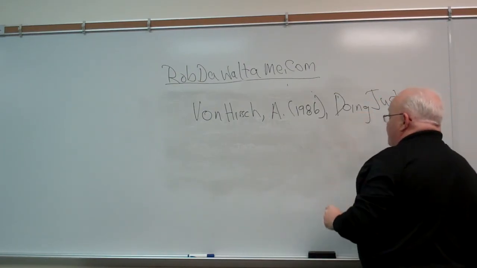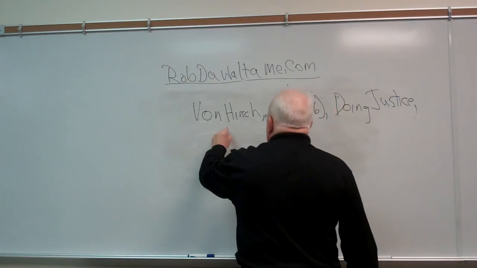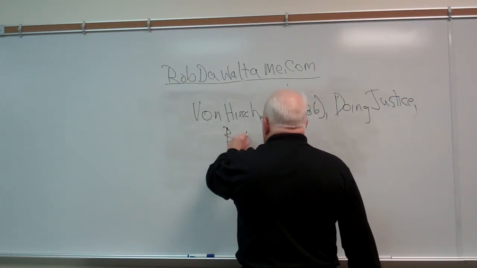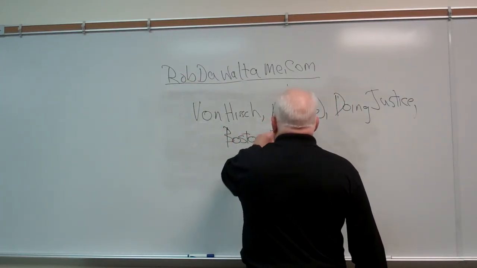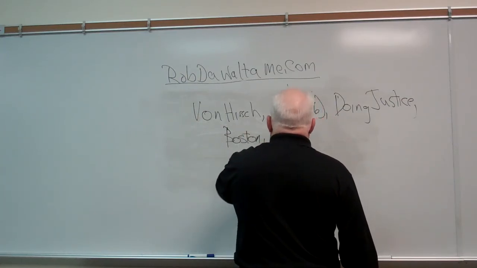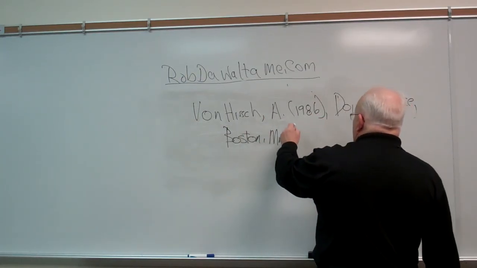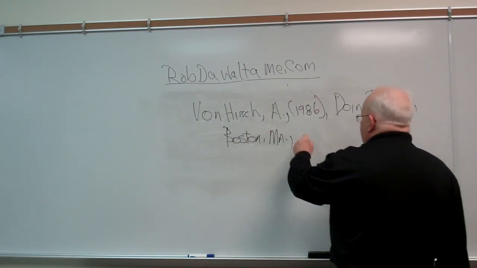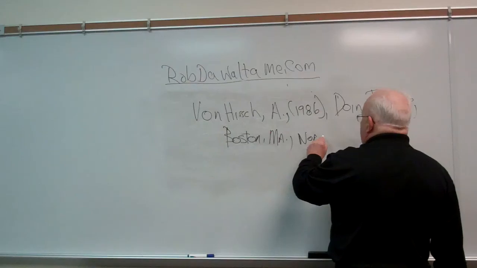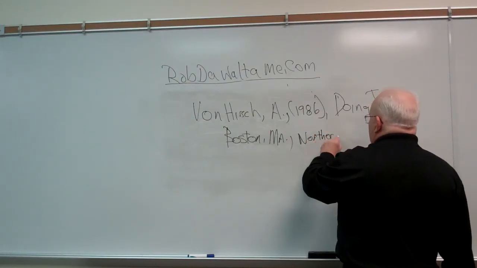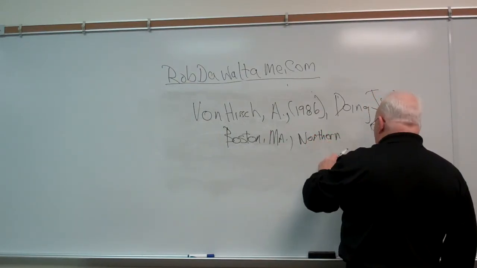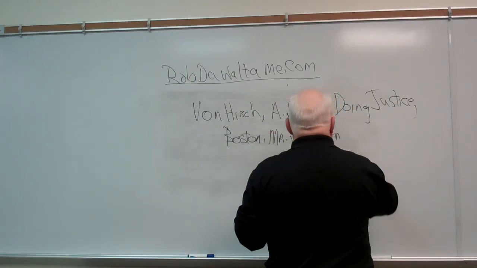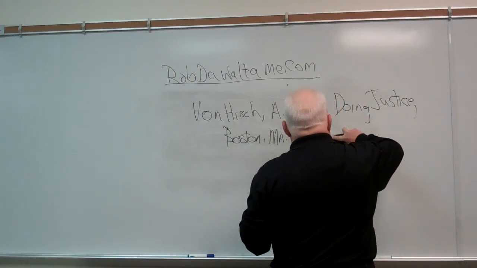Once you do that, then you're going to have the city, which is Boston, Massachusetts, and then you need the commas in there. And what we're trying to say is this is how you cite this book that I'm going to talk to you about right now, okay? Now wait a minute, got to get this right. Thank goodness for erasers.